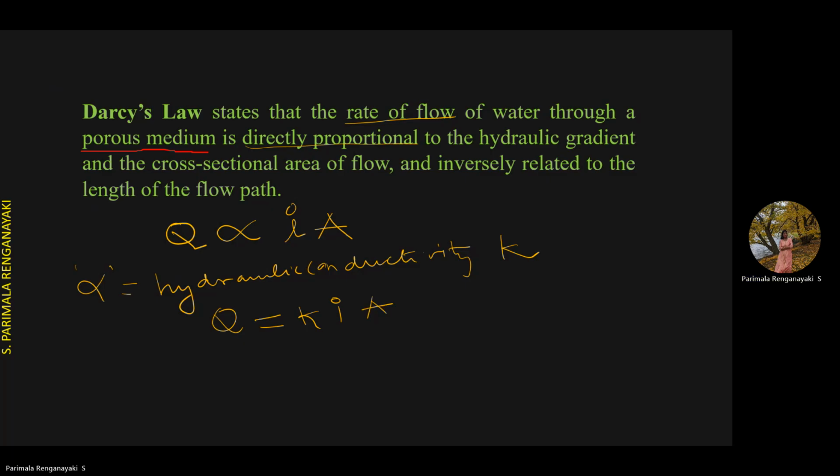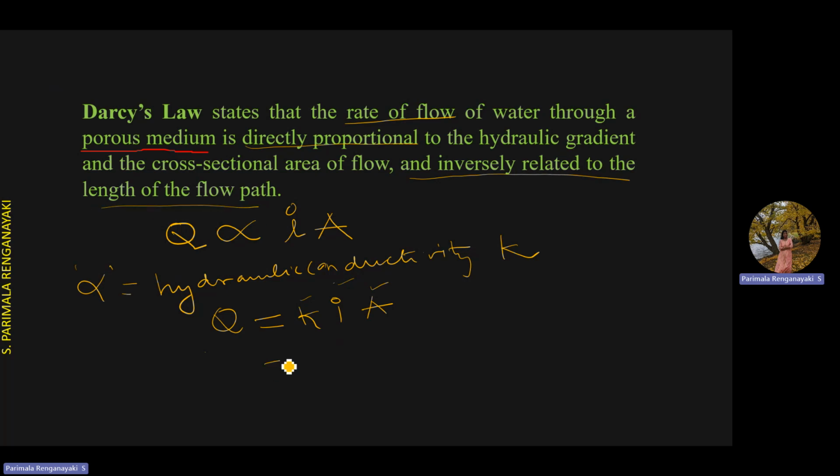This definition clearly gives this equation. So rate of water flow, discharge, is proportional to hydraulic gradient, area, and the proportionality constant is K. Now, I just missed this: it is inversely related to the length of the flow path.